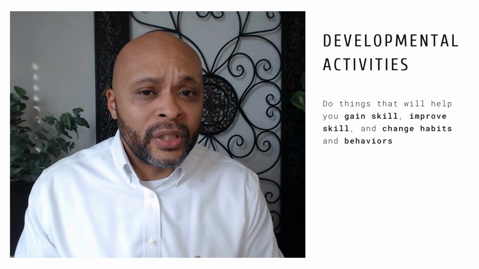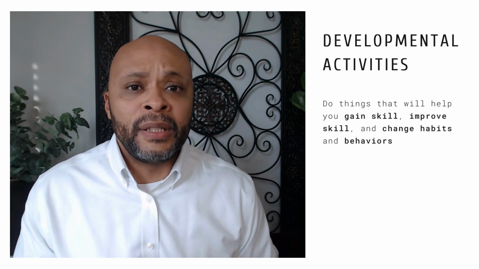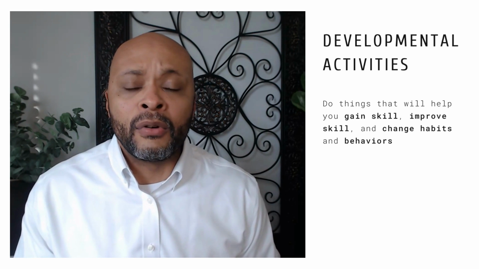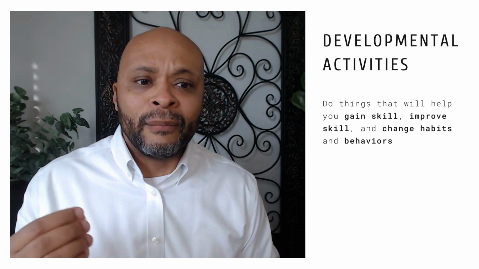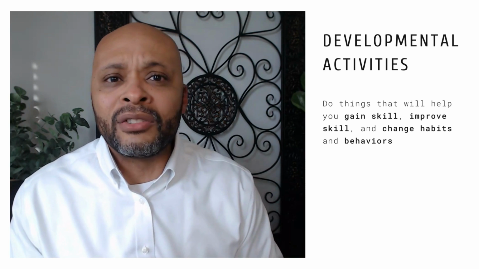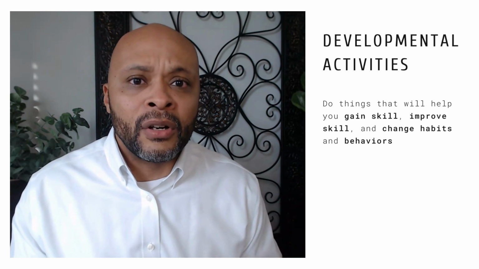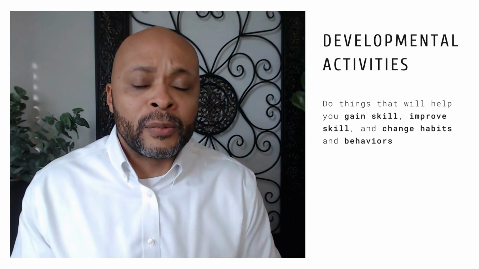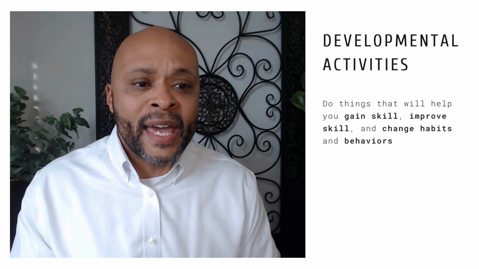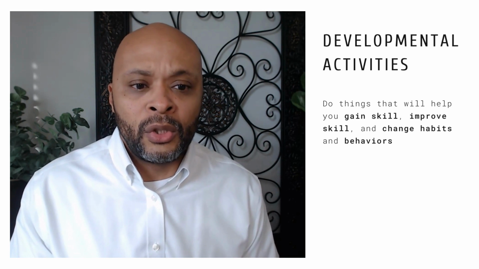This is about finding those things that will help you gain skill, improve skill, or change habits and behaviors. For example, it could be attending a leadership training program or taking a course at your local community college. It could be reading books and articles about leadership development, or finding a mentor or a coach to help you with a specific skill. It could even be something as simple as practicing self-awareness about a bad habit or behavior that you want to change.